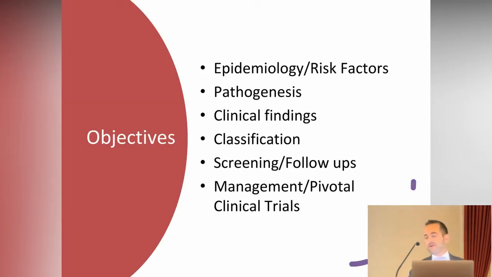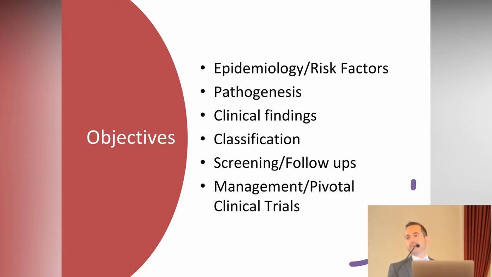So the objective of my talk is to start off with epidemiology and risk factors of diabetic retinopathy. I'll briefly touch on current understanding of pathogenesis of diabetic retinopathy. I will review some clinical findings and classification of diabetic retinopathy.